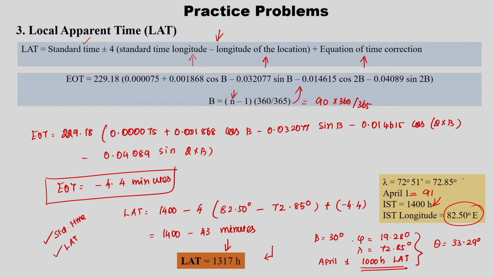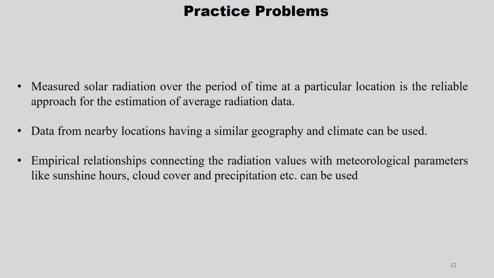Next we will see hourly, daily, global and diffuse radiation. As I mentioned earlier, we are supposed to calculate the average radiation data. The best option is measured solar radiation over a period of time at a particular location, or data from nearby locations with similar geography or climatic conditions.